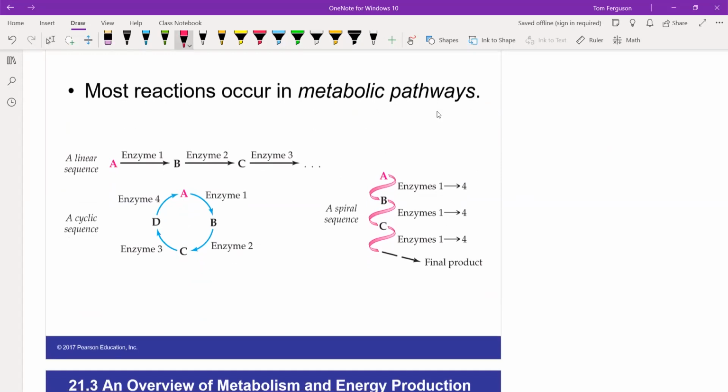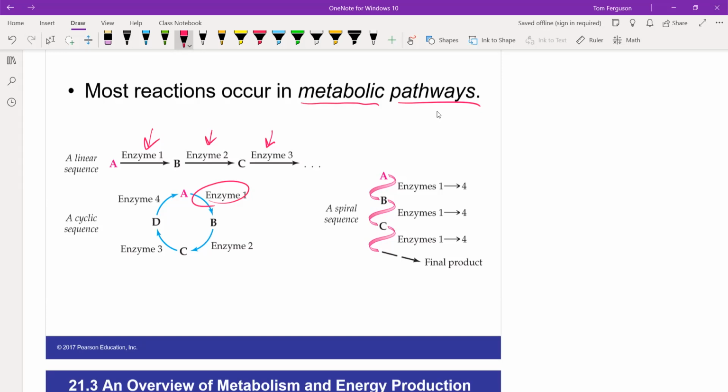So metabolic pathways break down molecules via enzymes. And each of these steps is considered part of a pathway.